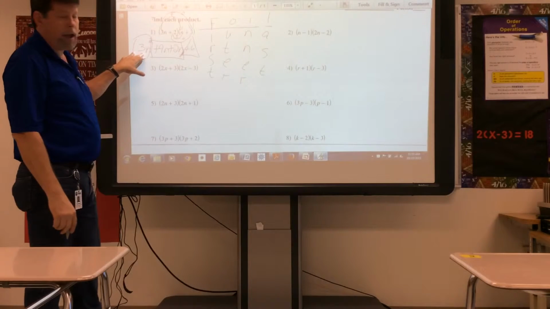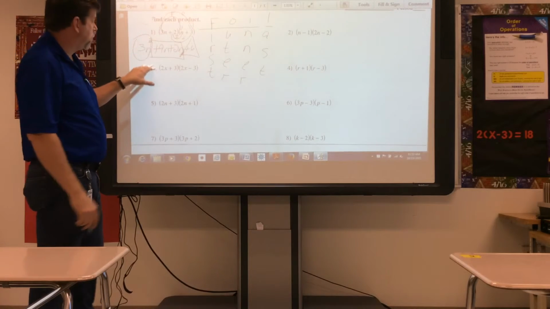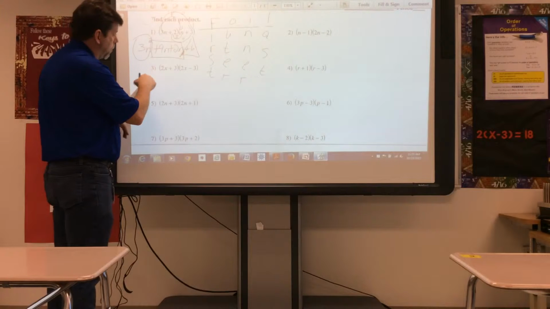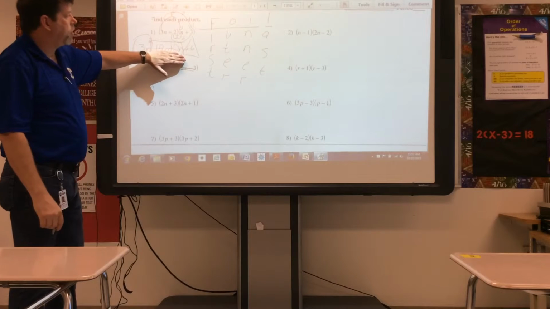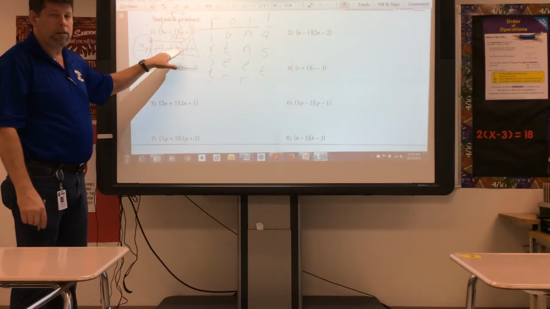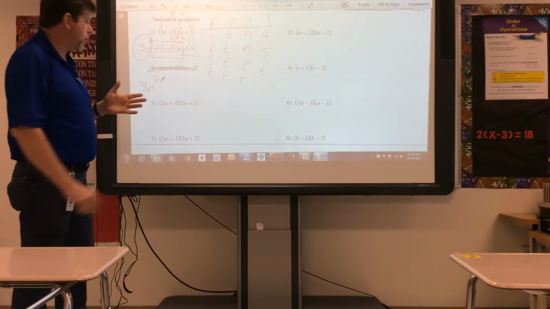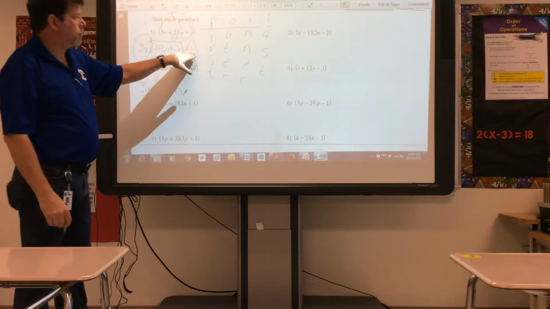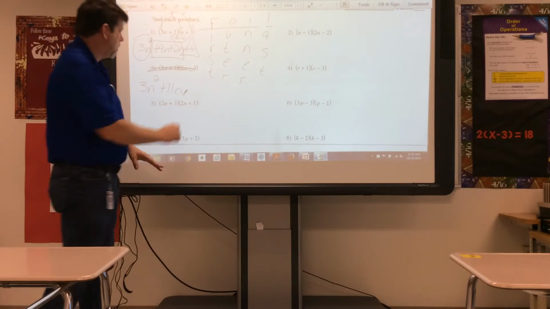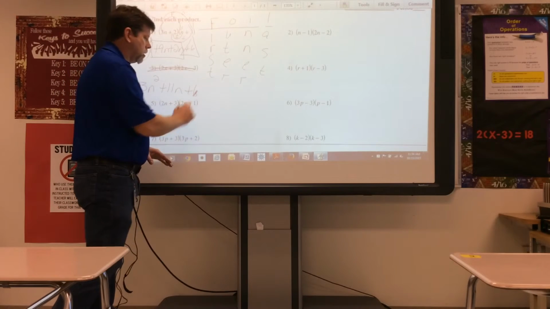Now, there's no other n squares, so we just bring that number down. And I'm just going to put it down here so we can see it a little easier. You combine your like terms. 9n plus 2n equals 11n. And then there's no other triangle, so you bring that down, plus 6.